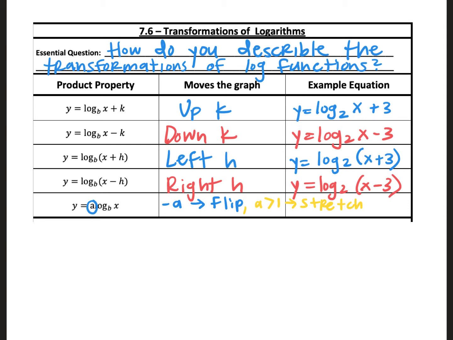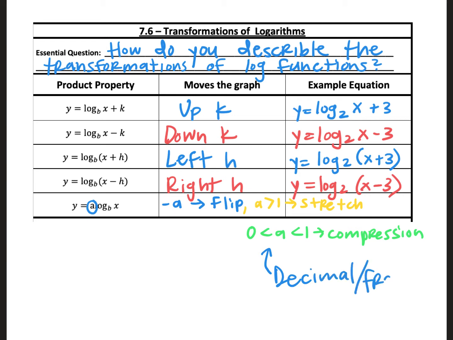And then your last one, if a is between 0 and 1, so 0 is less than a, which is less than 1, then it's going to be a compression. Don't worry so much about the a ones. This last one in particular is basically just saying if you have a decimal or a fraction.